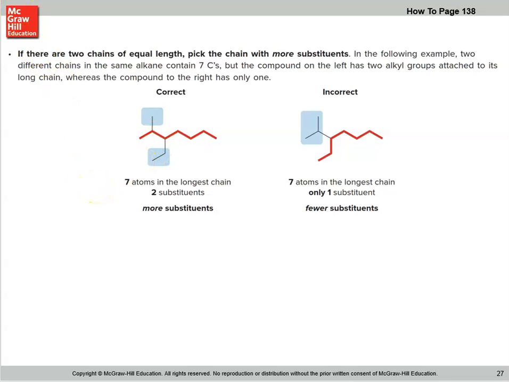In this case, we have a methyl substituent group. In this case, we have an ethyl substituent group. Here is a 3-carbon group, 1, 2, 3, a propyl group, and it's actually an isopropyl group because it's off of the middle carbon instead of off of the end carbon. We'll talk about some of those names in just a moment.